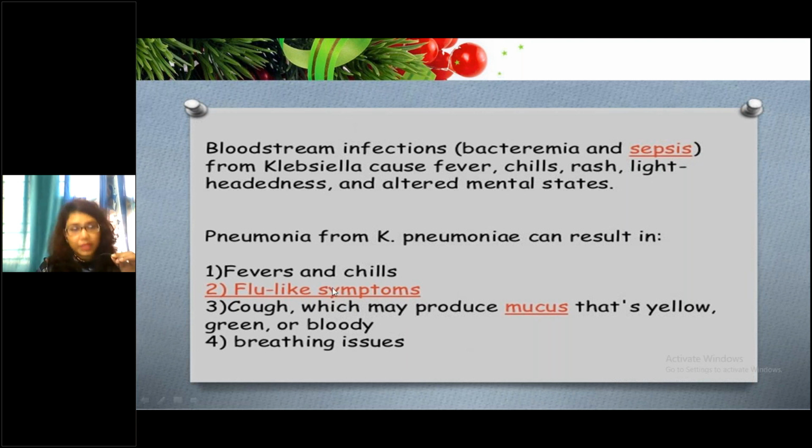So basically the patient will have fever and chills, flu-like symptoms, and a cough which may produce mucus that may be yellowish or greenish or bloody, and there will be breathing issues.